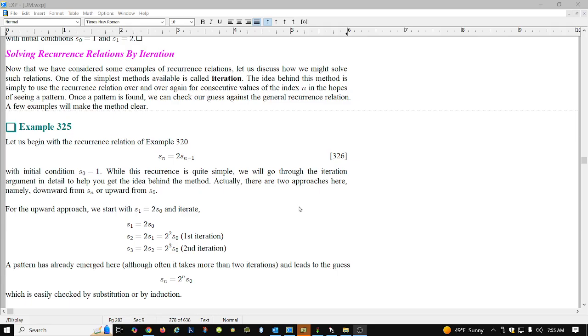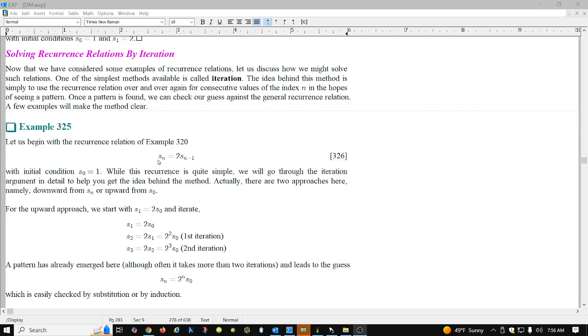And you can guess at the pattern, guess a formula, and then you can verify it against the recurrence relation and the initial conditions. So let's try some of that. As I mentioned before, we'll do some more sophisticated methods in later sections.